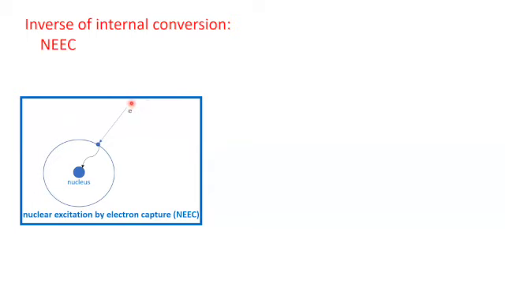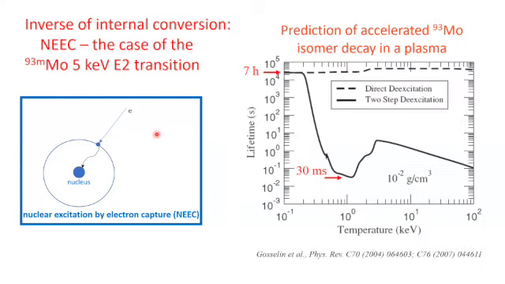And here the electron comes in from the outside. There needs to be a vacancy on an inner shell, and this can excite the nucleus. And maybe this is more productive than shining photons on the nucleus. And the particular case which seems to be very promising is molybdenum-93.